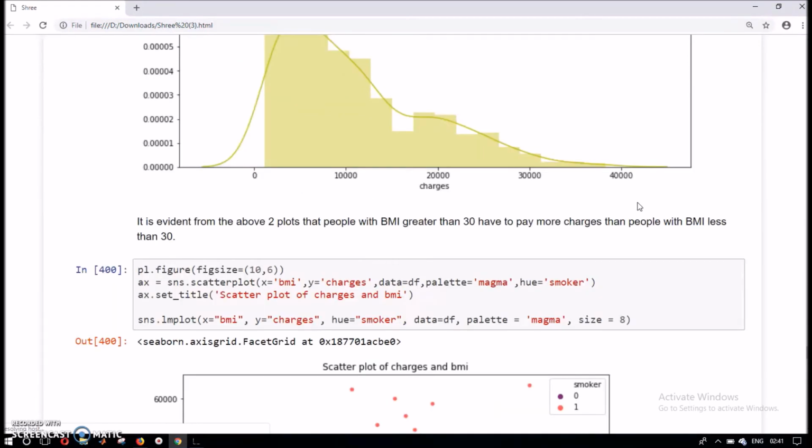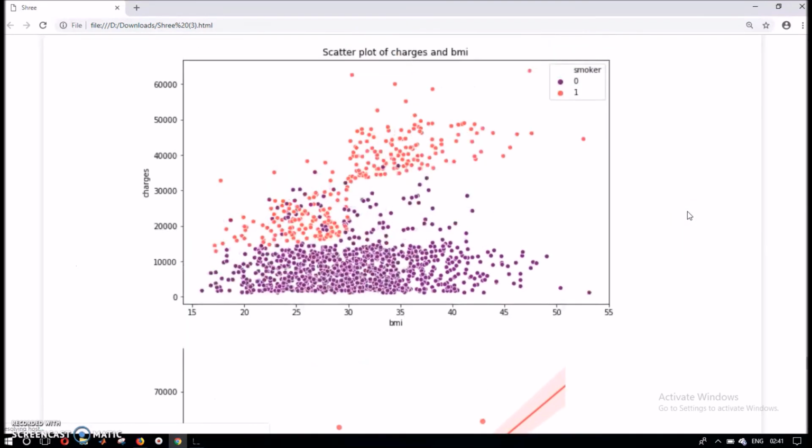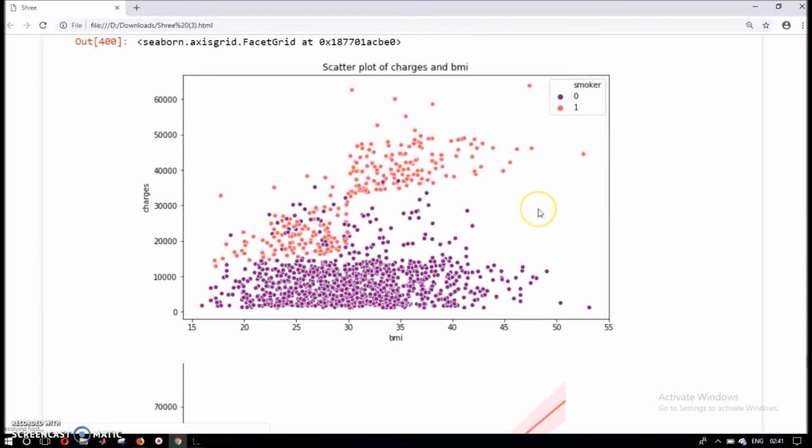In our dataset, the smoker attribute plays a significant role. So let's have a look at a scatter plot of BMI and charges with respect to smokers. Here, pink represents people who smoke and violet represents people who don't.